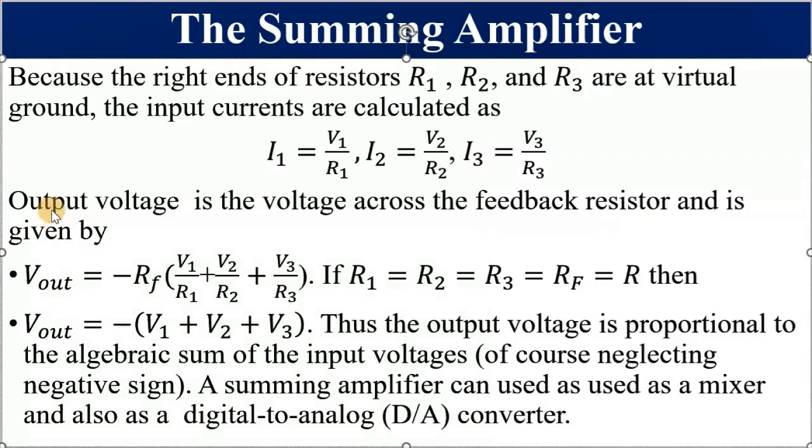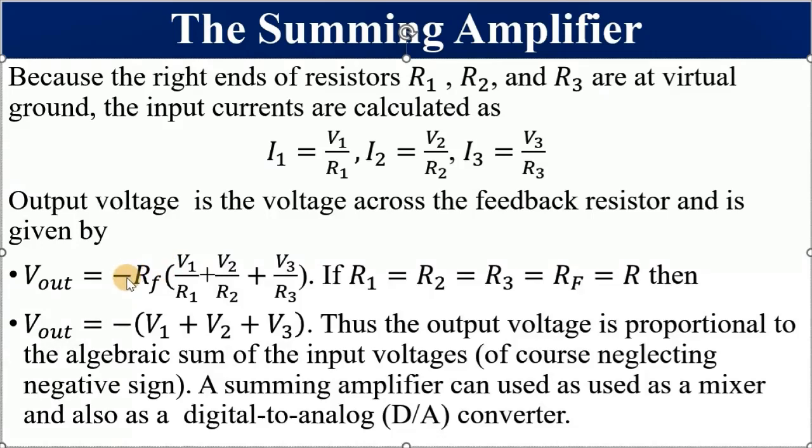We know that the output voltage is the voltage across the feedback resistor. Because the currents I1, I2 and I3 do not enter the inverting input, all of them are going to pass through the feedback resistor Rf. So we multiply the feedback resistor Rf by the sum of the currents. Please take note, why do we have a minus sign?